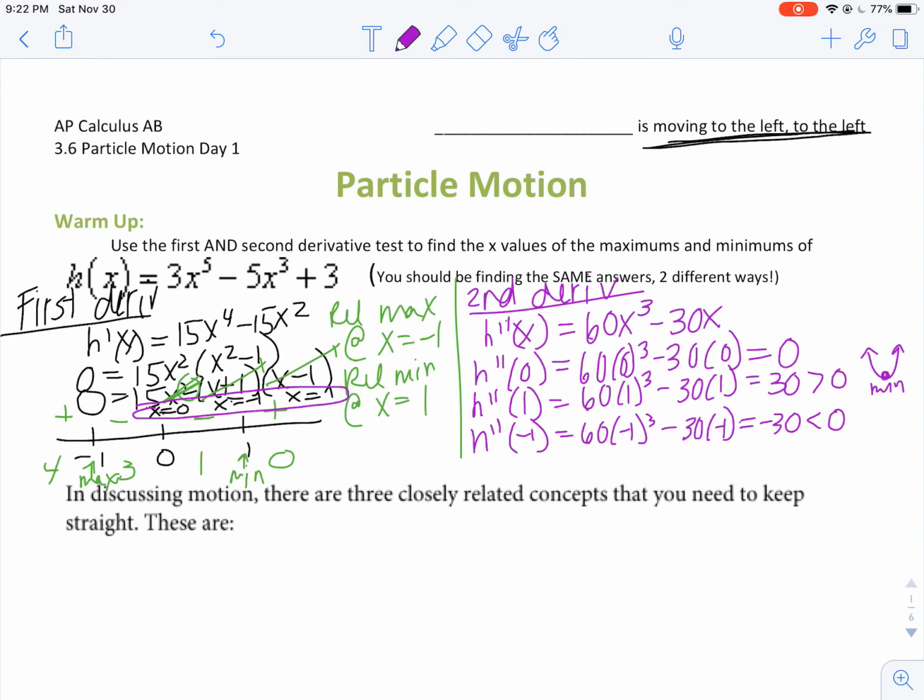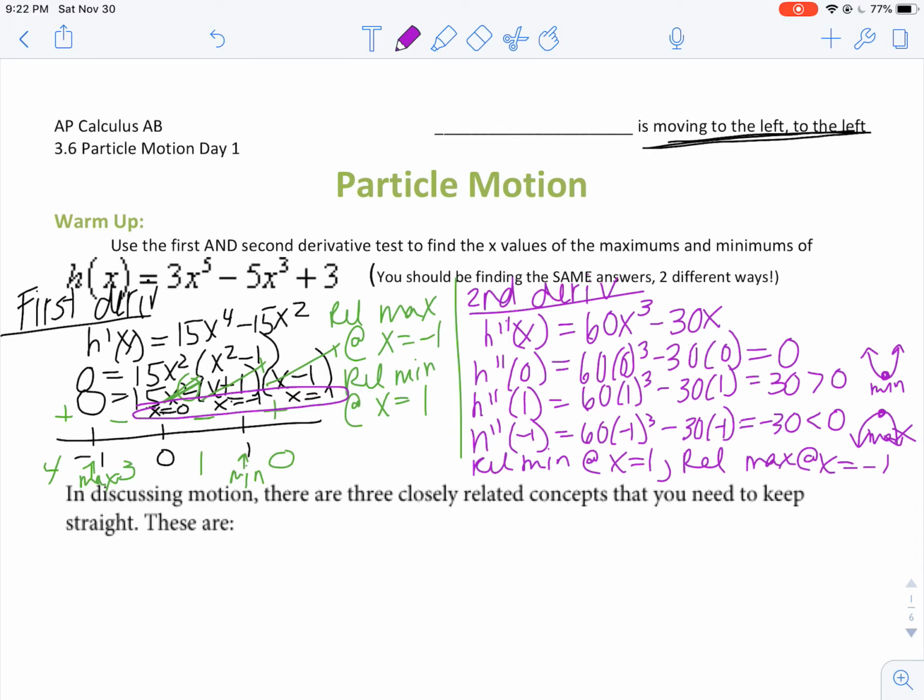It's a negative number, so that's going to be concave down like a frown or sad face. Negative, think sad, so that's going to be a max right there. So we get the same values here. We get relative min at x equals 1, and we got a relative max at x equals -1.